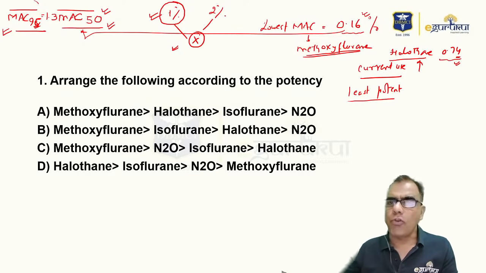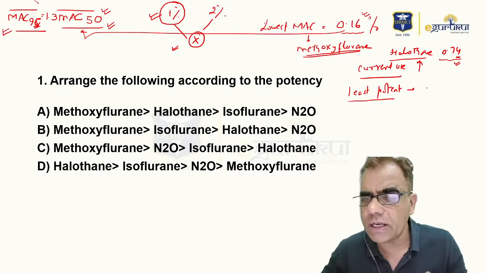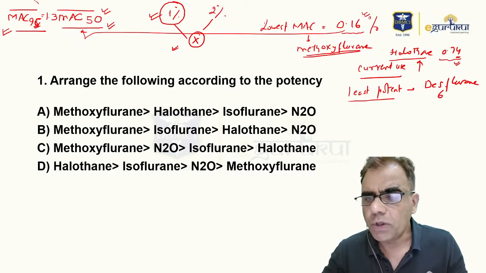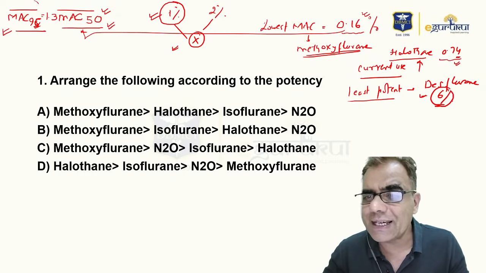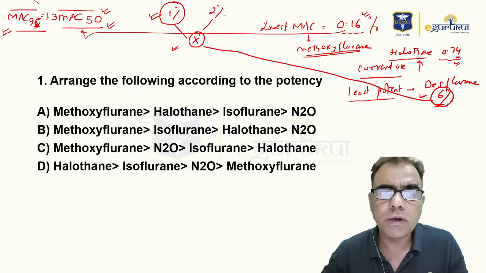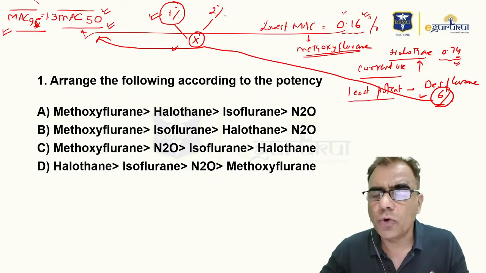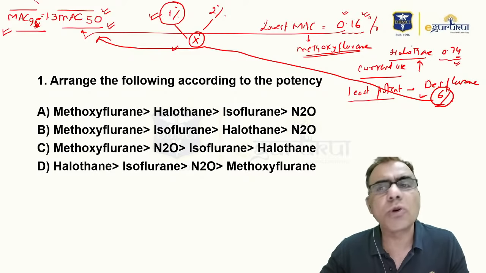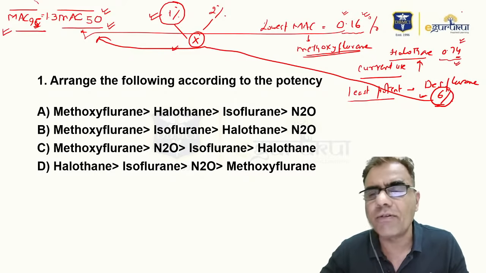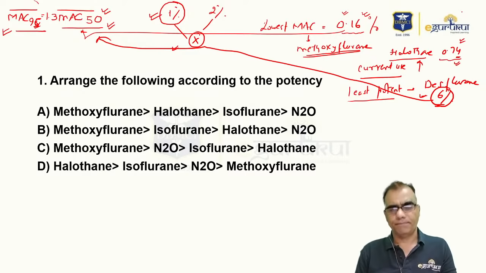Among volatile agents, the least potent is desflurane with a MAC of 6%. That means desflurane needs 6% to produce this effect, while methoxyflurane produces it at just 0.16% and halothane at 0.74%. So the least potent volatile agent is desflurane.